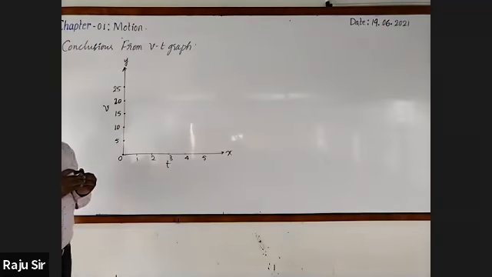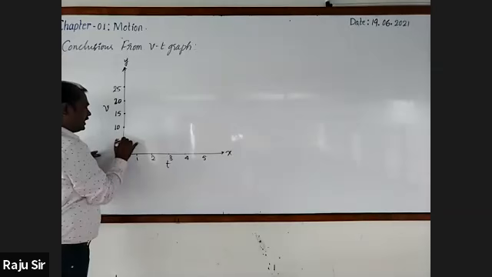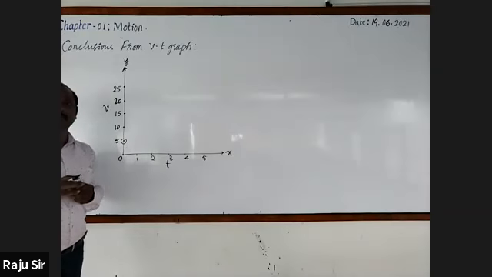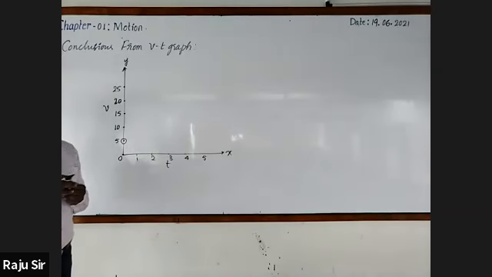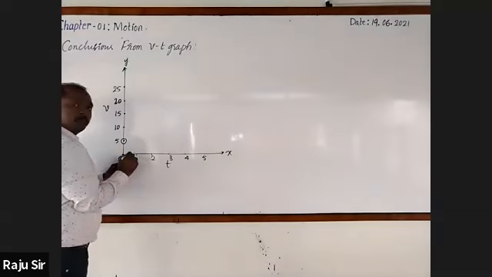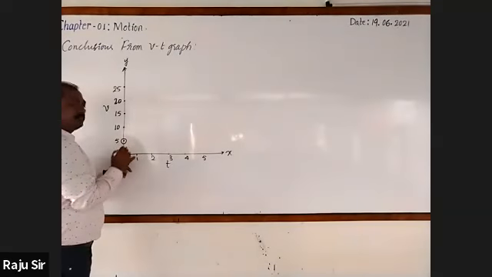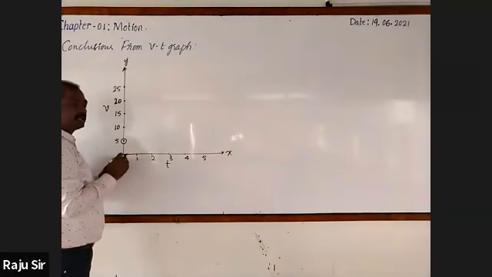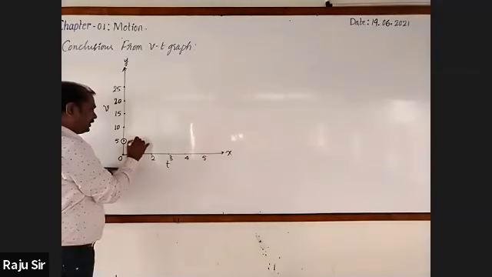Assume that I am moving with some speed. I take that speed as 5 meters per second. And now you'll count the time. After 1 second, my speed will be 5 meters per second.